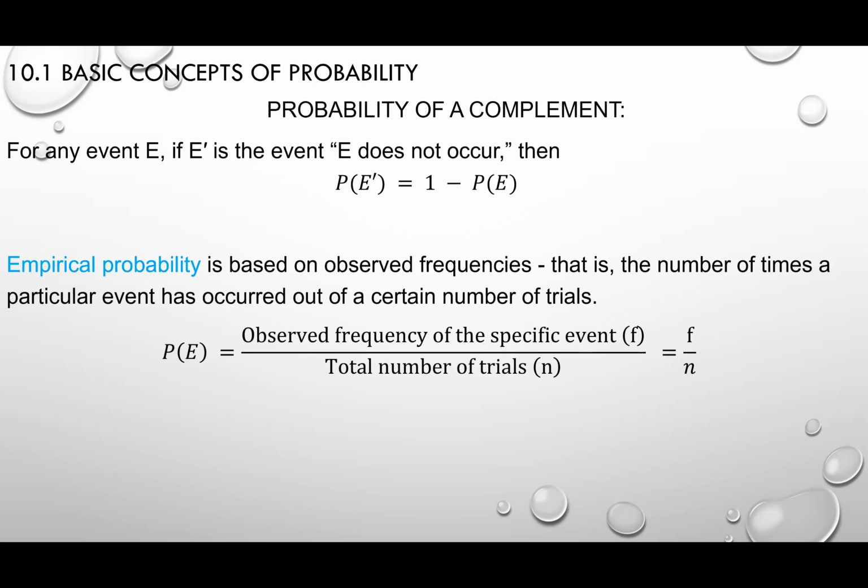Empirical, the only thing different is now you have to go and gather your data, gather your information. Meaning, for instance, if you want to know how many people are going to vote for Trump or how many people are going to vote for Biden in the next election, what can you do?